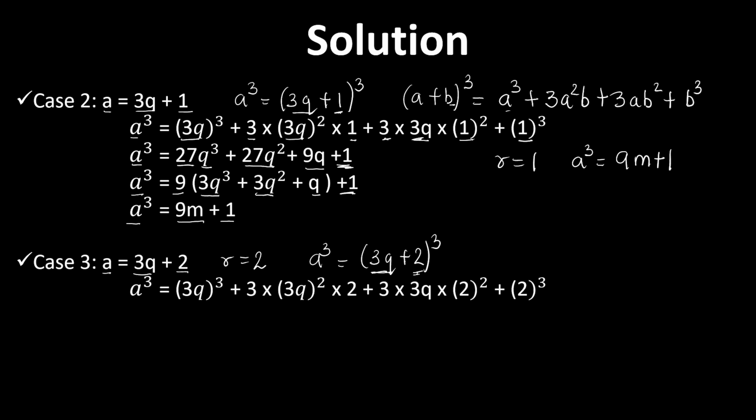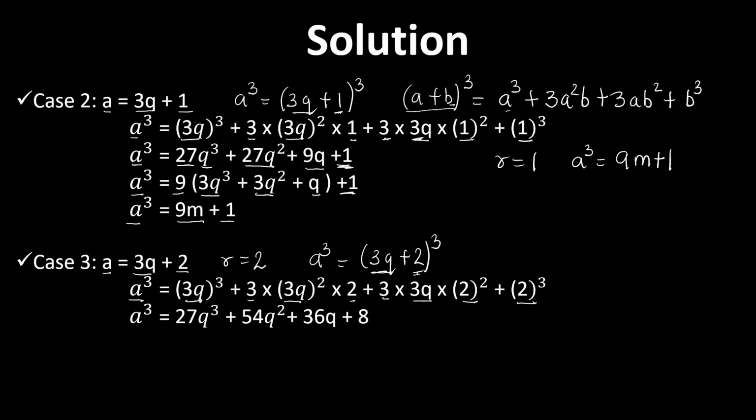So it would be a cube is equal to (3q) whole cube plus 3 multiplied by (3q) whole square multiplied with 2 plus 3 multiplied with 3q multiplied with (2) whole square plus (2) whole cube. So simply we have used this identity to expand (3q plus 2) whole cube. Now let's simplify it further.